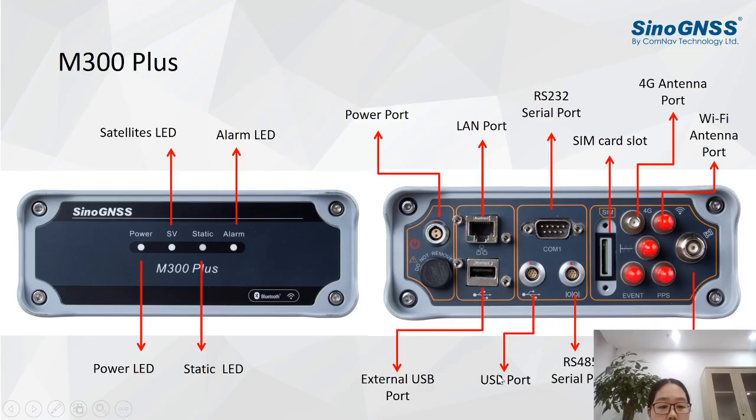USB port for data download, and RS485 serial port can connect to the meteorological sensor, and event PPS connectors. This is the GNSS antenna port.